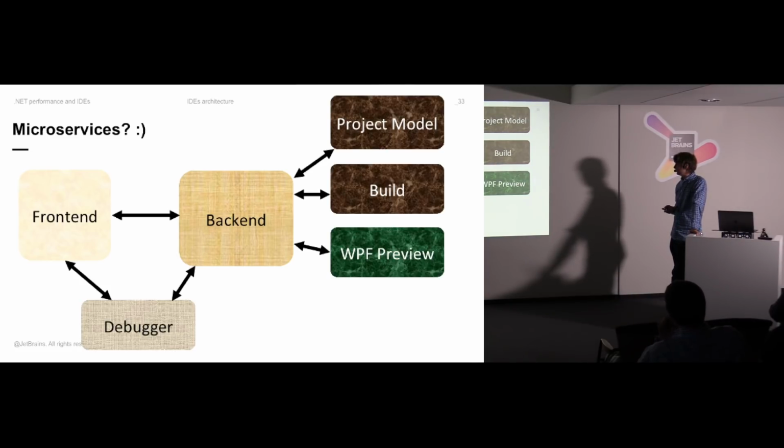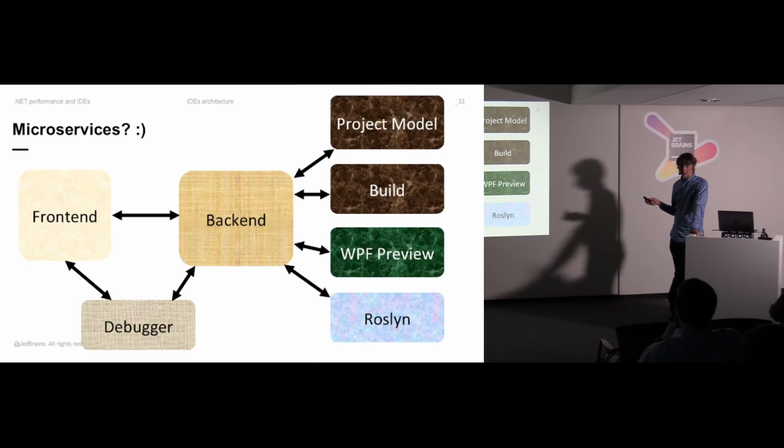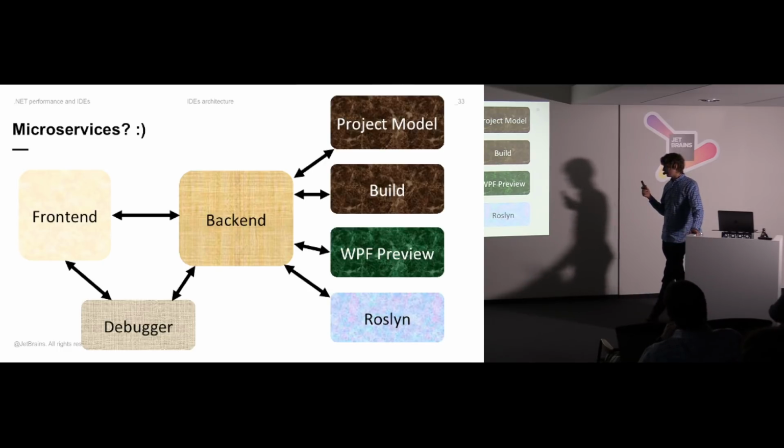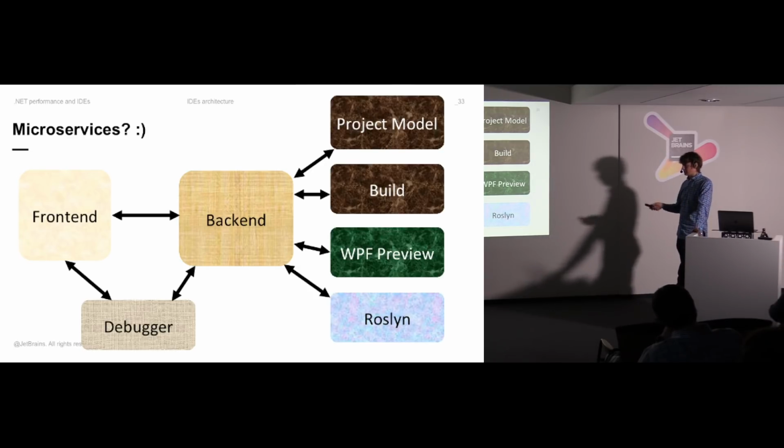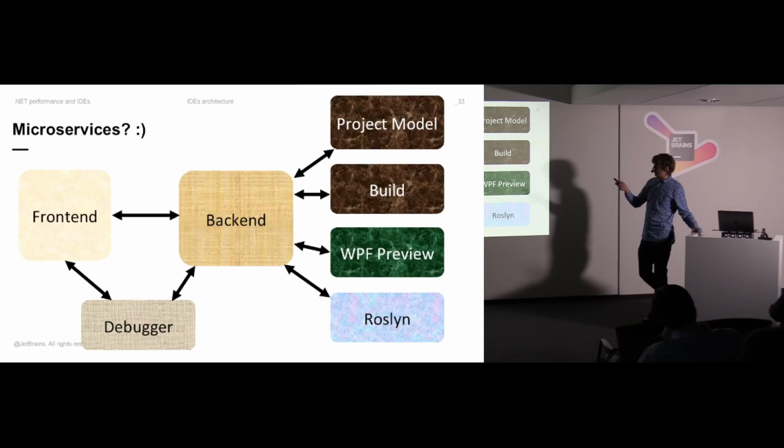As Matthias showed you, WPF preview also works separately, even outside of backend, and transfers the rendered WPF code to the backend, also synchronously. This Roslyn stuff we showed you today is also a separate process which hosts Roslyn logic inside, does all the Roslyn analyzers, and then returns back to backend.